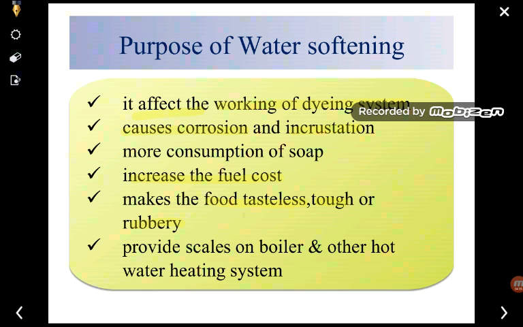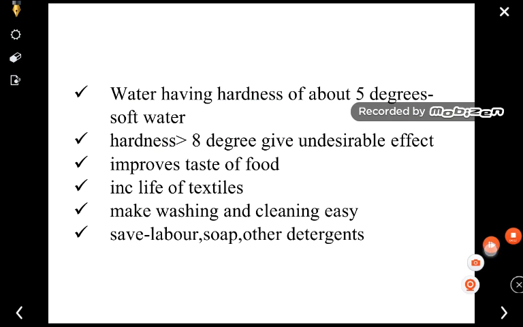So because of all these reasons, we can say that the water may not affect the health, but still it affects the economy. So these are the disadvantages of hard water, and so the water should be converted into soft water.